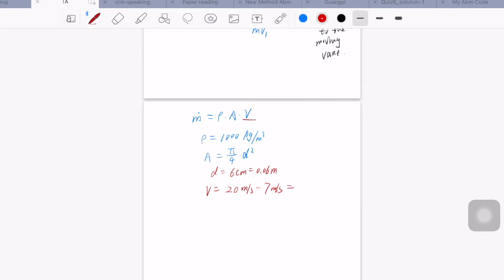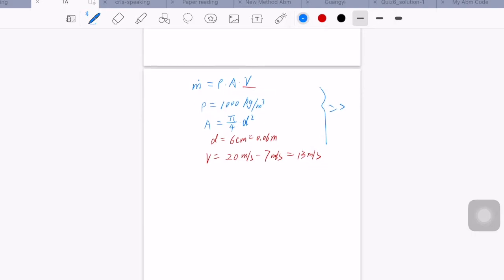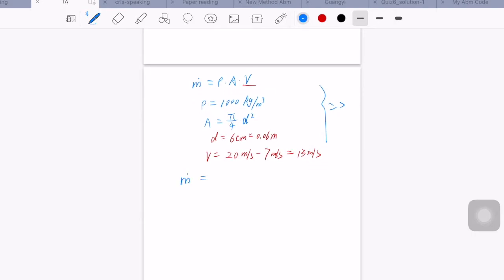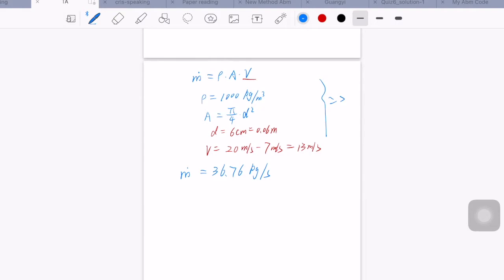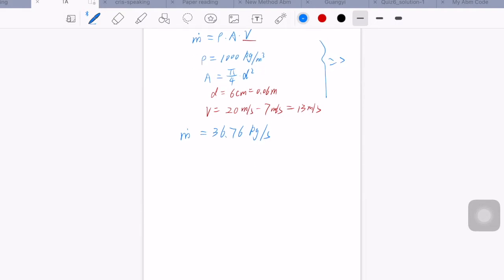So V should be equal to 13 meters per second. And now we can get that m dot should be equal to 36.76 kilograms per second. And then we need to apply the momentum equation in the x direction.